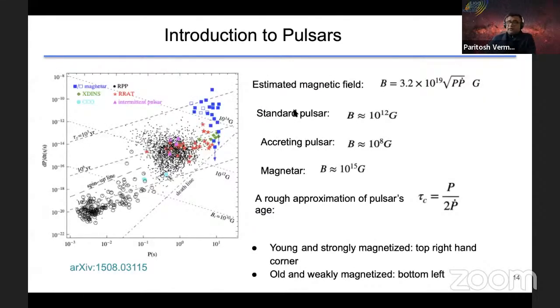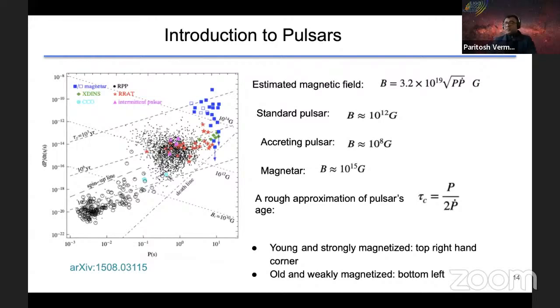Okay, in this slide, we give the estimated magnetic field of a pulsar, which is proportional to the square root of P times P dot. P is the period of the pulsar and P dot is the first time derivative of the period. For a standard pulsar, the magnetic field is about 10 to the power 12 Gauss. For an accreting pulsar, it is 10 to the power 8 Gauss. And for a magnetar, which is a very strongly magnetized pulsar, it is 10 to the power 15 Gauss.